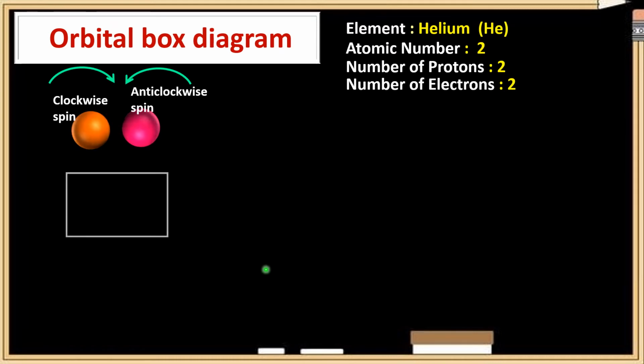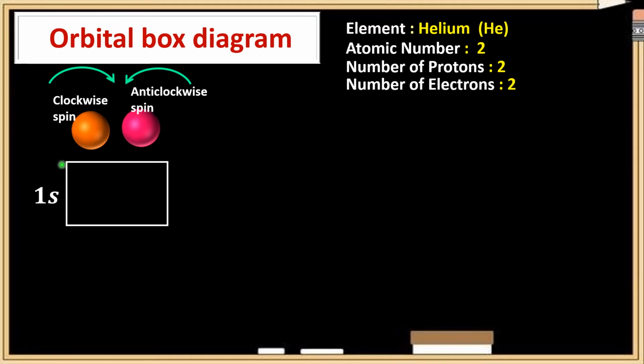So this is the 1s orbital. First I will put these two electrons into this box. See here, this electron is spinning like this, a clockwise spin. This one has anti-clockwise spin. So from now onwards I will not use these electrons everywhere.